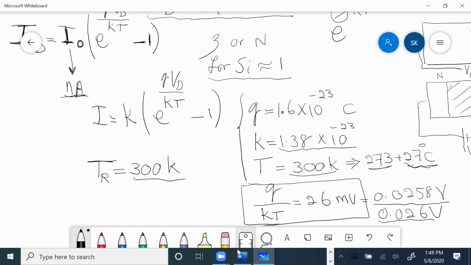Exactly, because we have to get the units right, in terms of Coulomb and Kelvin temperature. If we get the right units, this will get to 26 millivolts, yes.